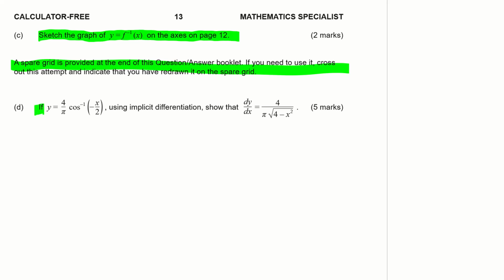So if y is 4 over pi inverse cosine negative x over 2, using implicit differentiation, show that dy dx is 4 over pi times the square root of 4 minus x squared. So we don't really know how to differentiate the inverse cosine, or maybe you do, but it's easier to differentiate cosine.